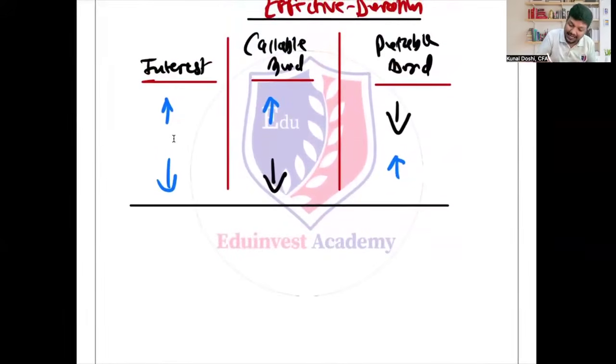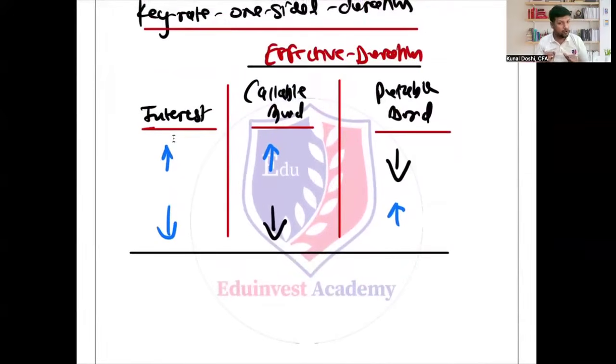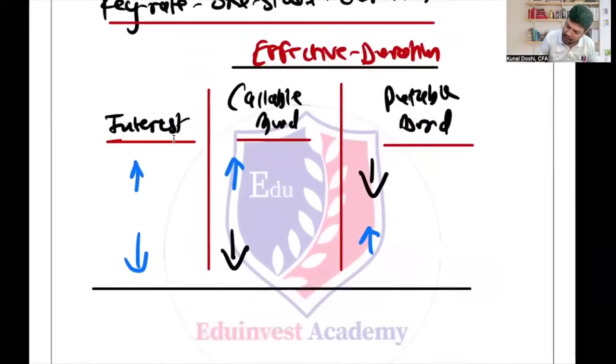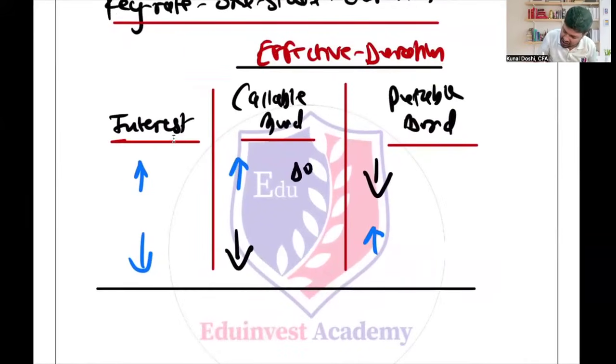We discussed what will happen to effective duration, correct? But what about the change in price? So along with that, let me also tell you what will happen to the change in price. So for a callable, now I will write what will happen to the change in price.